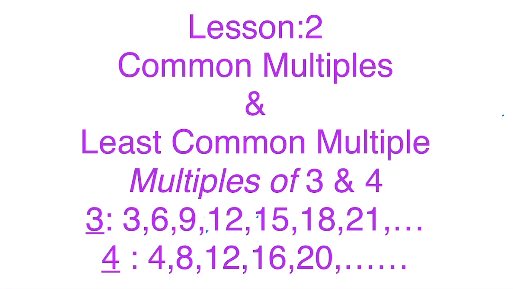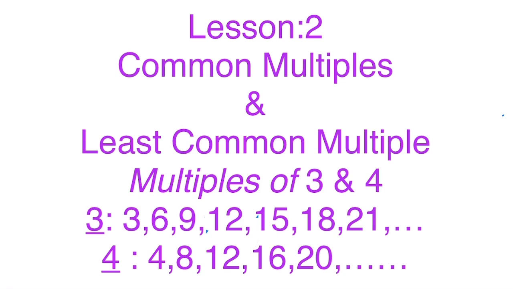Multiples of 3 and 4. Multiples of 3: 3, 6, 9, 12, 15, 18, 21 and it goes on. Multiples of 4: 4, 8, 12, 16, 20 and it goes on.